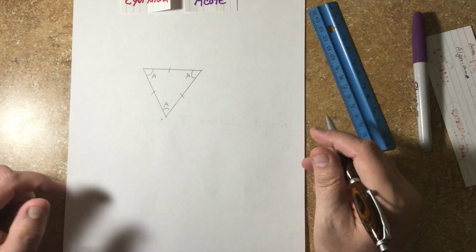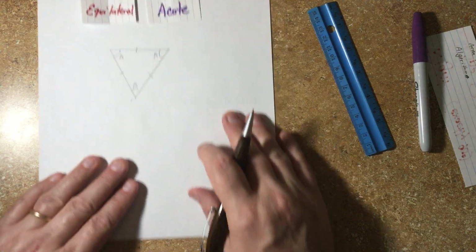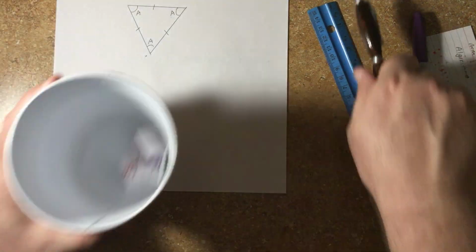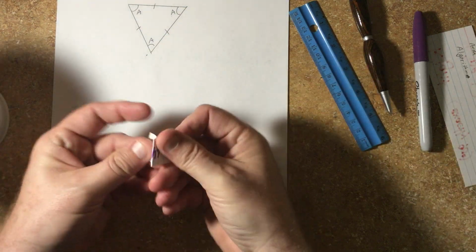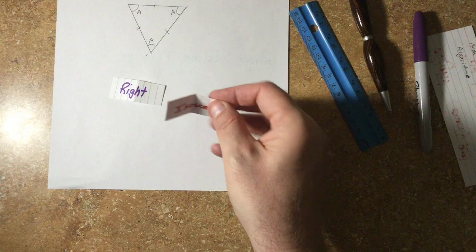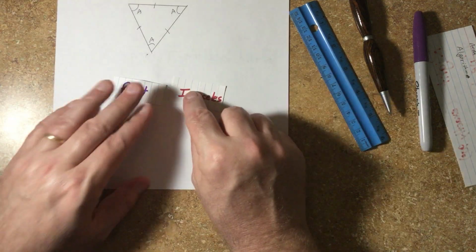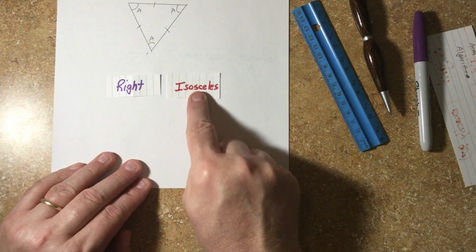So that is what this lesson is all about. Can I create a triangle using the given criteria? Since I've used those, let's try one more. I'm going to go ahead and draw from my bucket here. This time I drew the angle first, and then let's see, a right isosceles. It really doesn't matter whether the angle comes first or the sides come first.